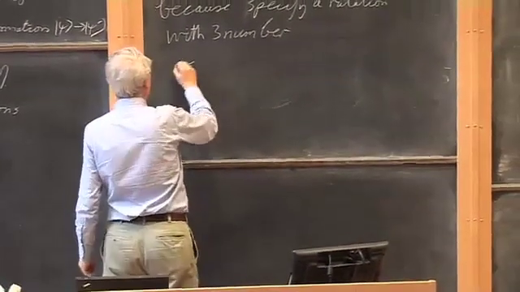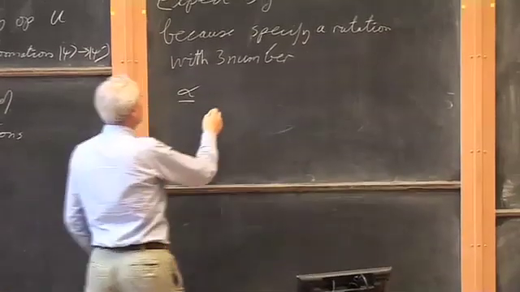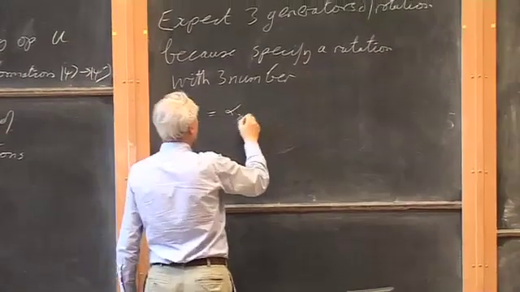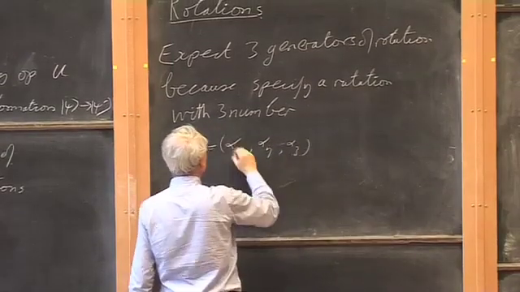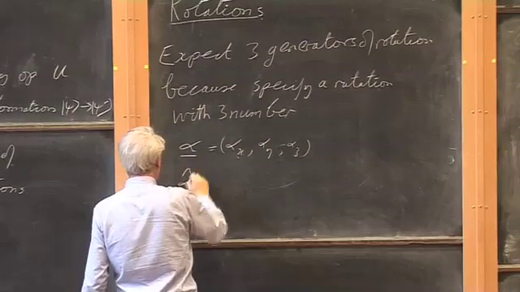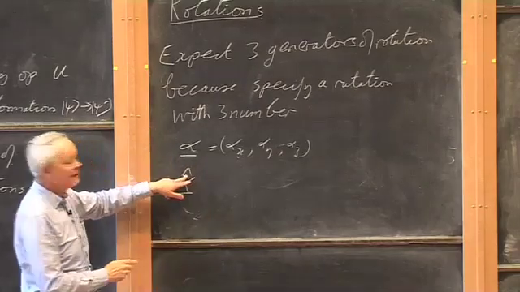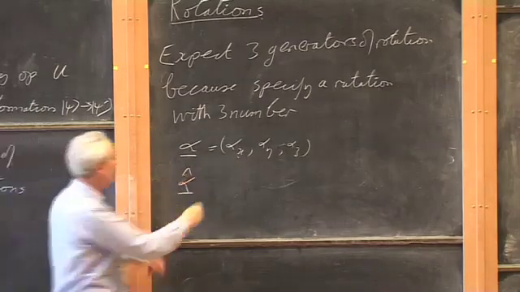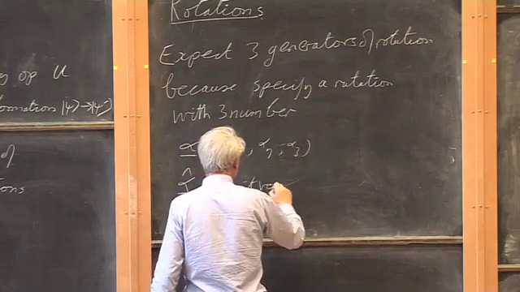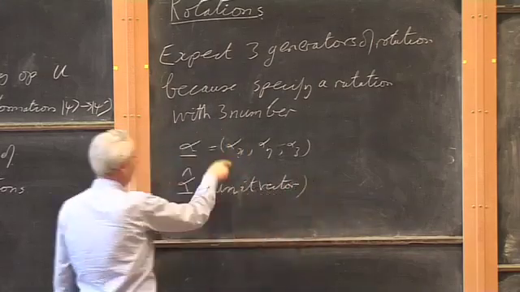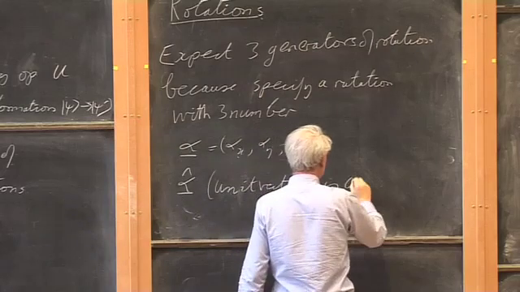We're going to use alpha. So that's alpha x, comma, alpha y, comma, alpha z. So an alpha hat, the unit vector, so this now doesn't mean an operator, it means a unit vector. Unit vector parallel to alpha is the axis of rotation.